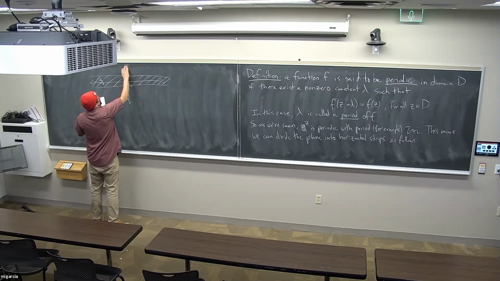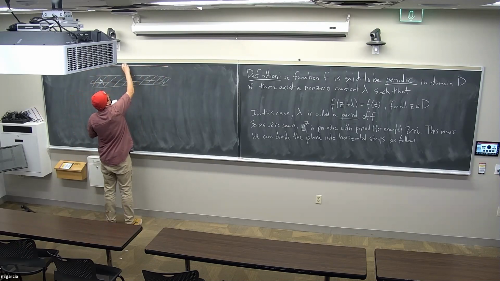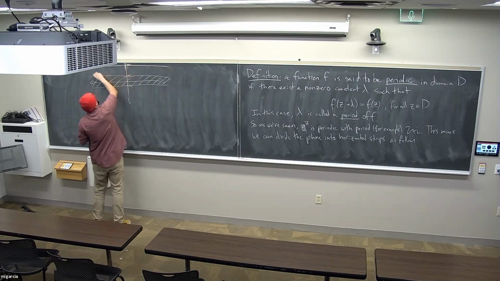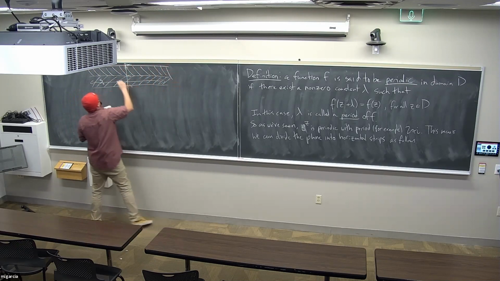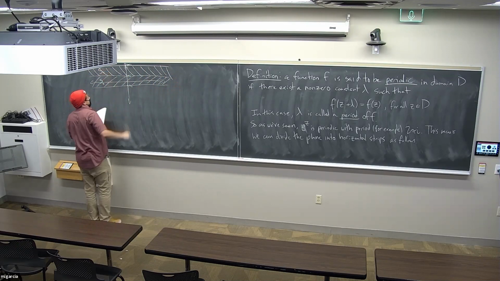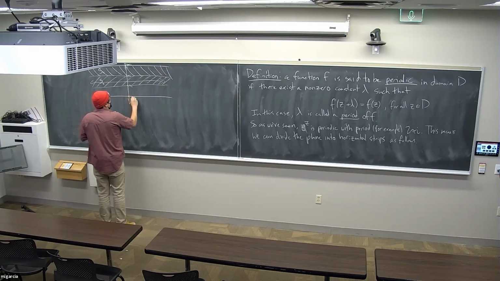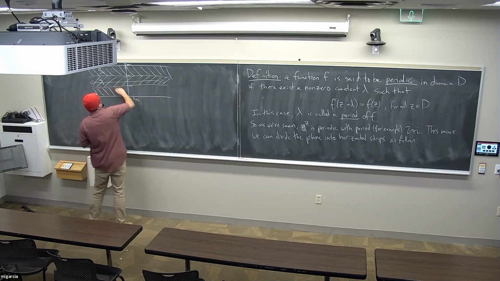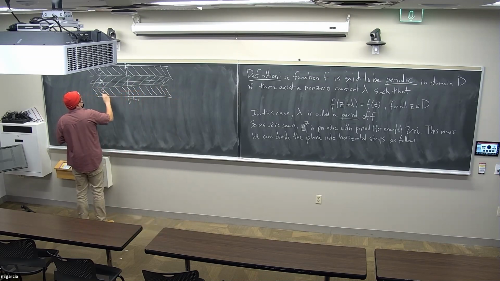And move up here. Say my imaginary axis continues up to 3 pi. This is strip 1. Likewise, I'll come down here. Negative 3 pi I. This will be strip negative 1.